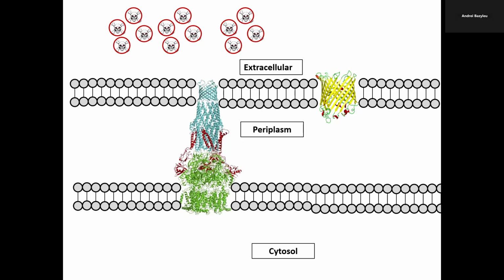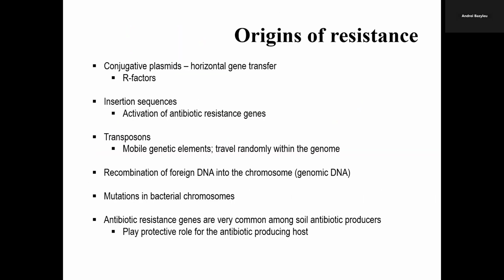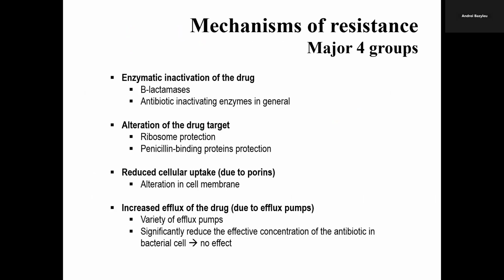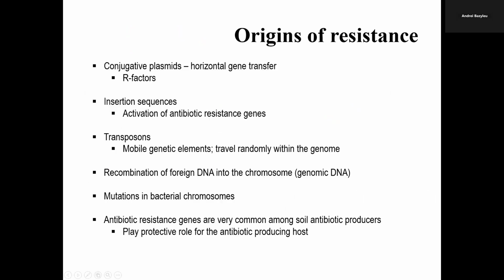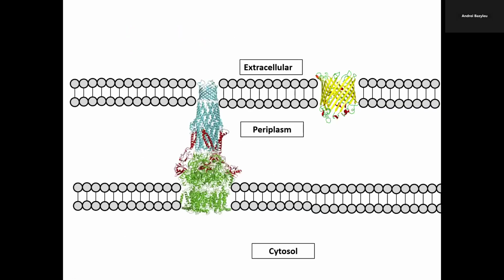Now, we mentioned this briefly before, but one very important thing about this mechanism of protection by bacteria. As we looked at earlier, don't forget these are the bottom two mechanisms. They're the least clinically relevant. Why is that the case?